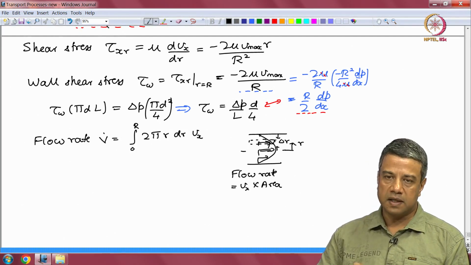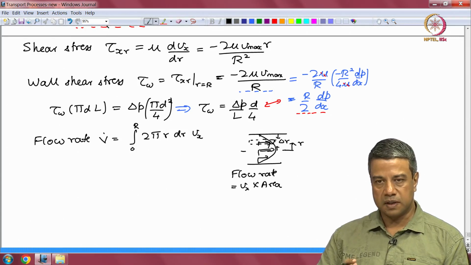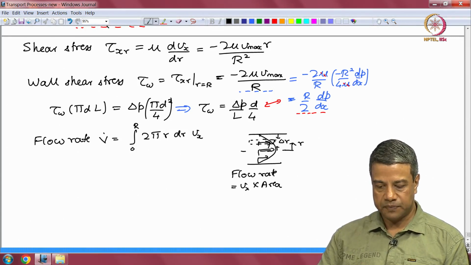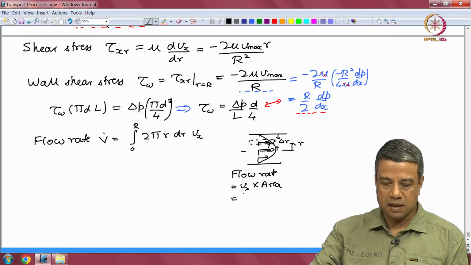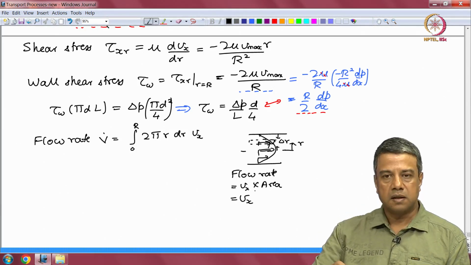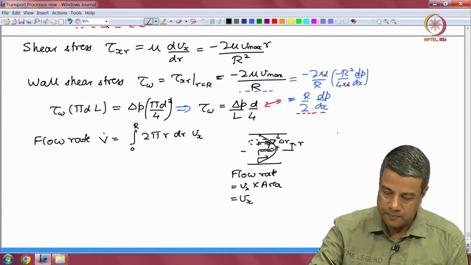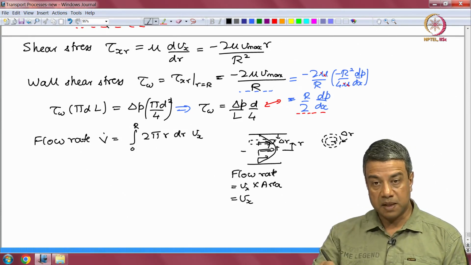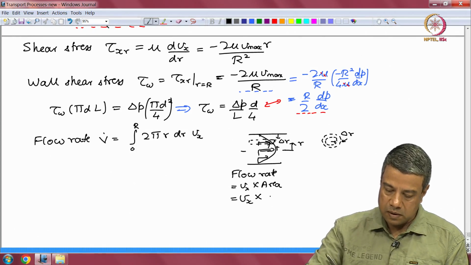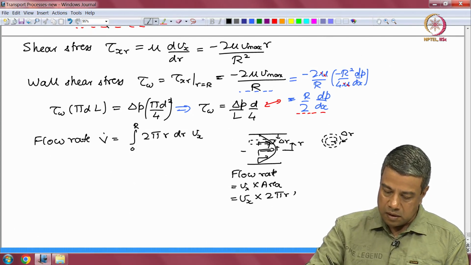If you multiply Vx by the area, you will get the flow rate across a cross section. So, for a cross section of thickness delta r, the cross sectional area is going to be equal to the perimeter into delta r.